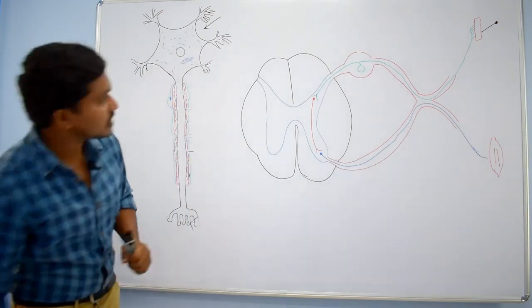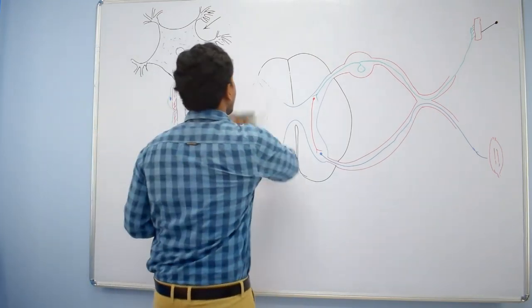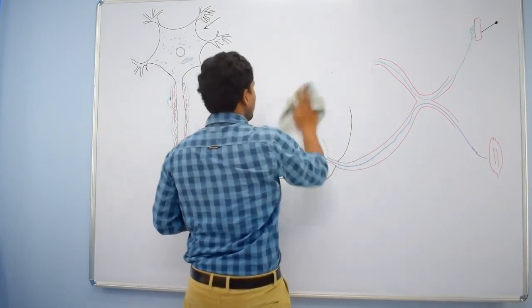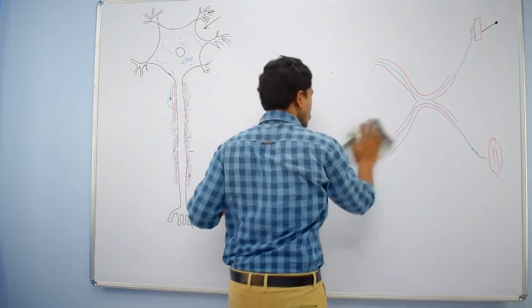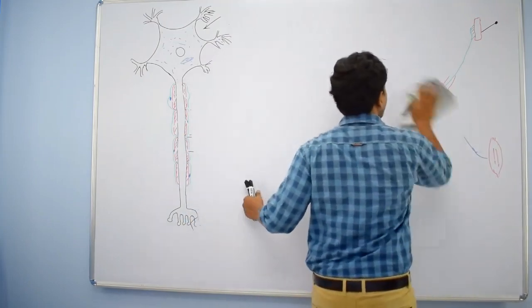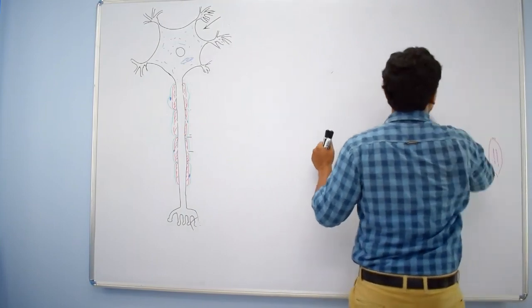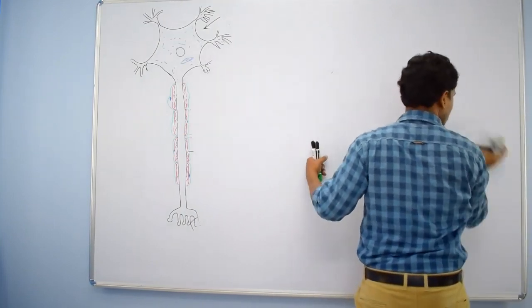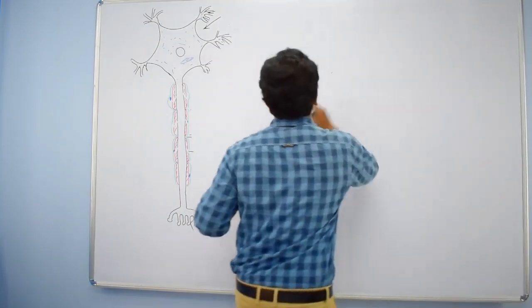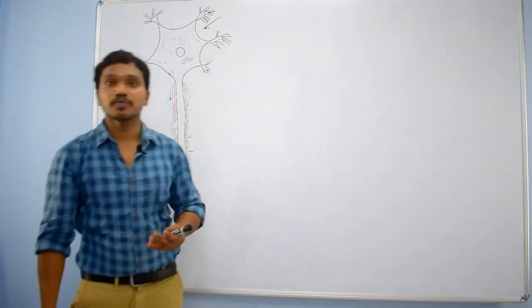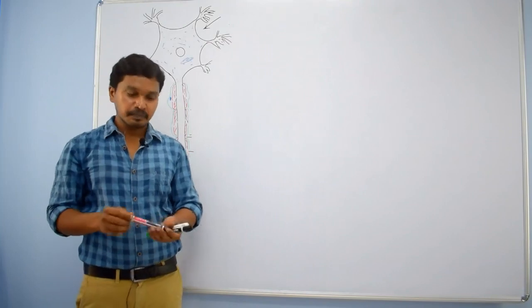Actually, the myelin sheath is formed by squamous cells in the case of the peripheral nervous system, and oligodendrocytes in the case of the central nervous system, that we have seen. Now, what is the process of formation of myelin sheath?